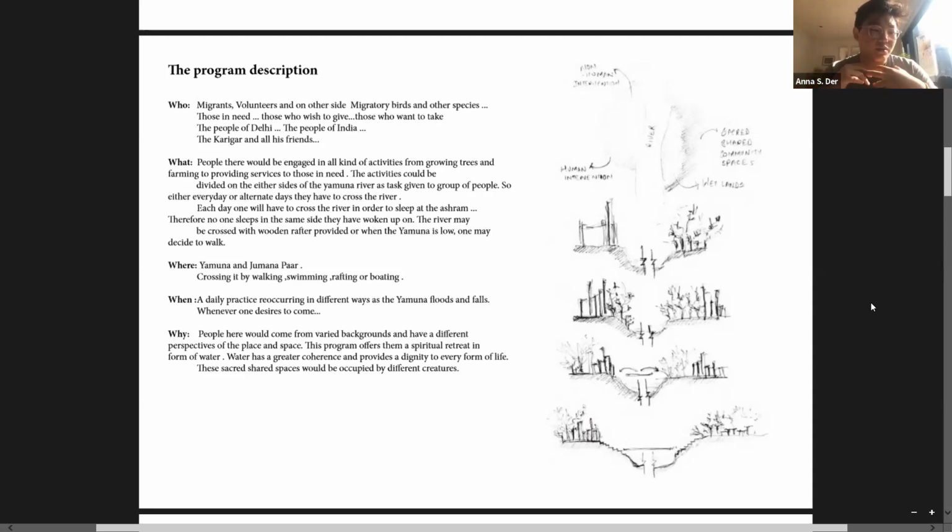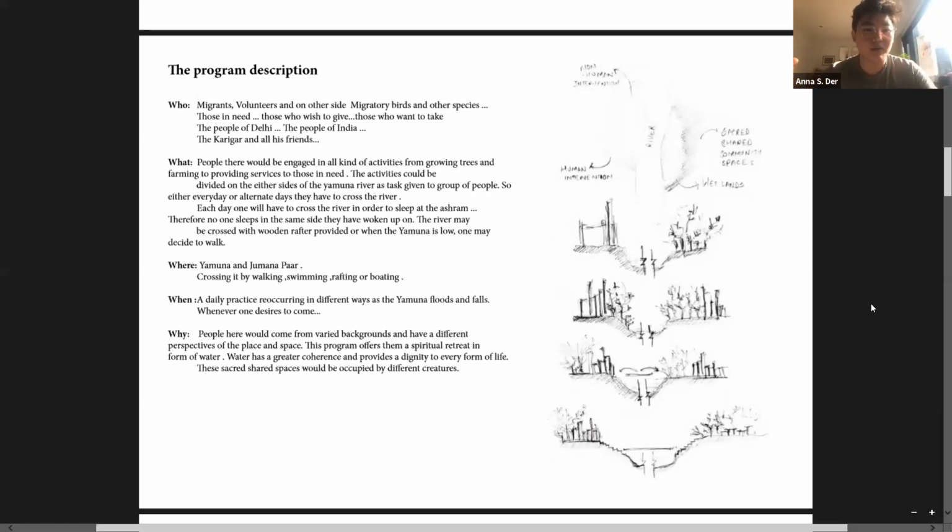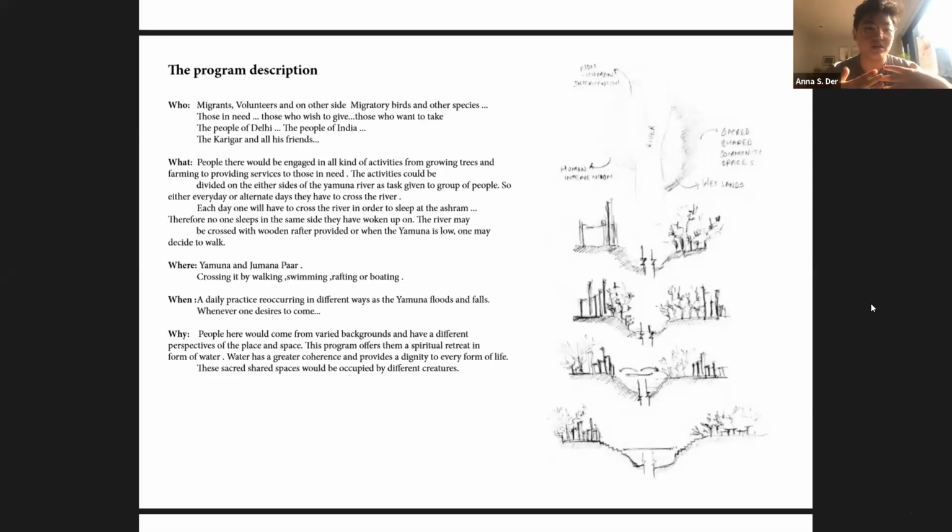And so then we thought, how do you define a path? How do you define a line? Well, it's defined by the two ends, the two dots that sit on the end. And so that's how the two halves of the ashram came about, as two different nodes that would seek to form the pilgrimage in between. And we worked on designing the pilgrimage in between.